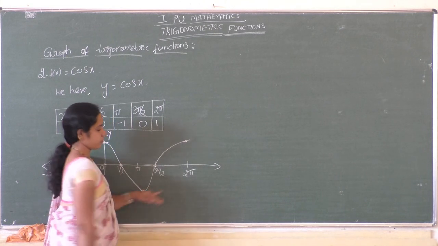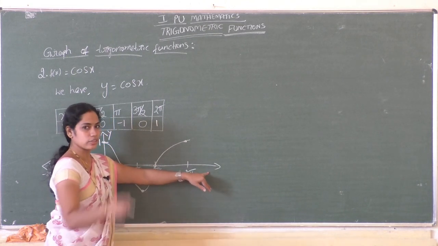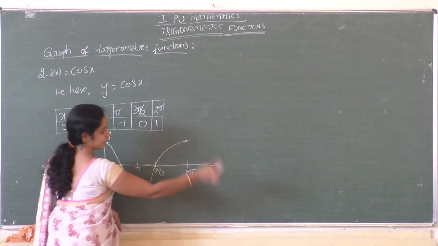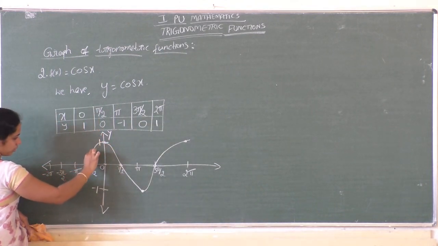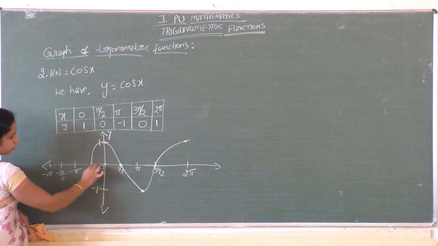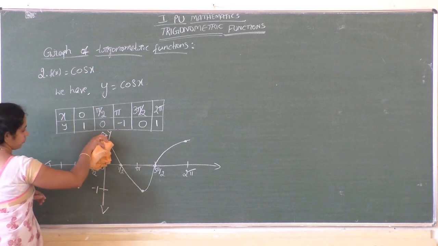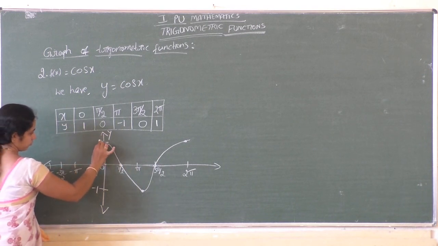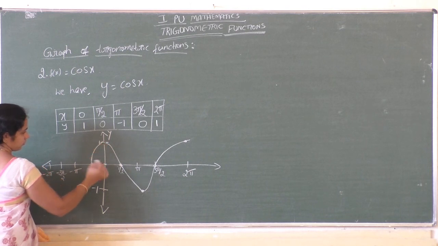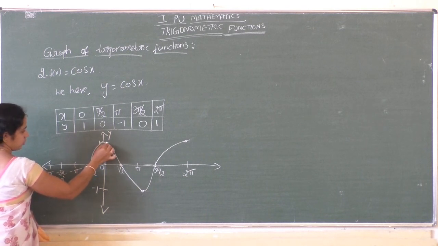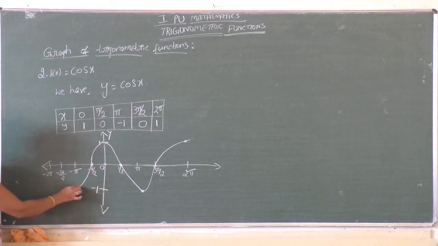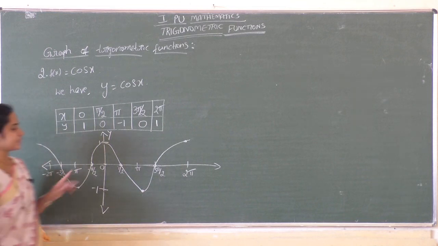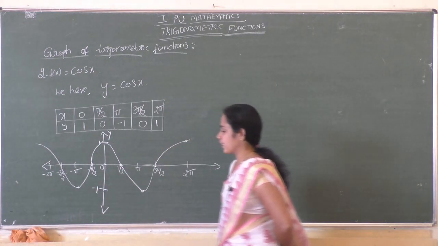Next, again in the first quadrant it decreases from 1 to 0, like that. This is the graph of cos x.